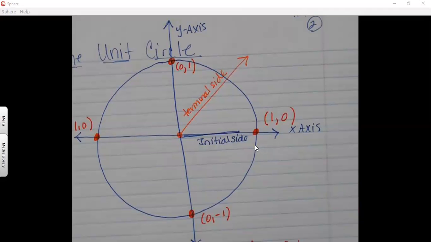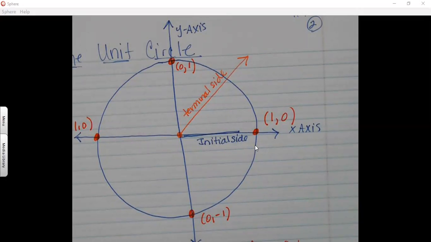If the base of the right triangle is x, okay, so what we do to help us find ordered pairs on a unit circle is we go to where that terminal side intersected the unit circle, and we draw a line straight down to the x-axis, straight down. That's going to create a right angle.